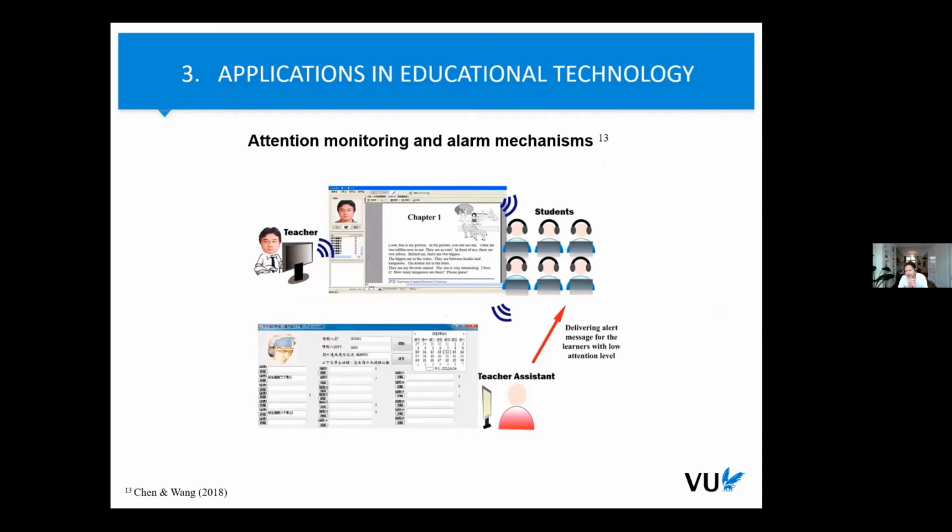And when this alpha power is too high compared to a baseline, a signal is sent to a program which the teacher assistant looks at, and if there are too many attentional lapses, which will be counted, as you can see, then the teacher assistant delivers an alert to the student that they have a low attention level and that they have to, well, attempt again.